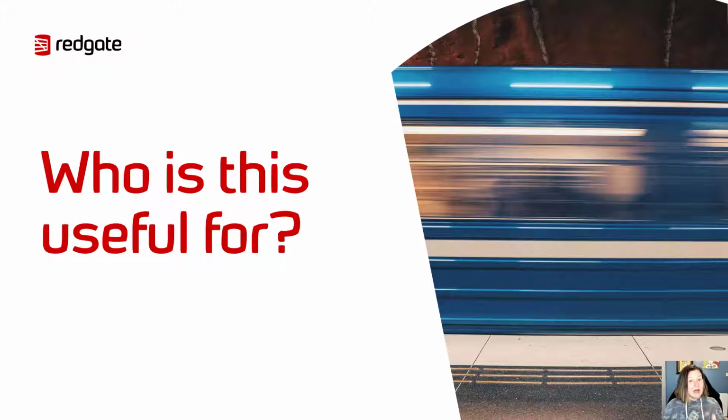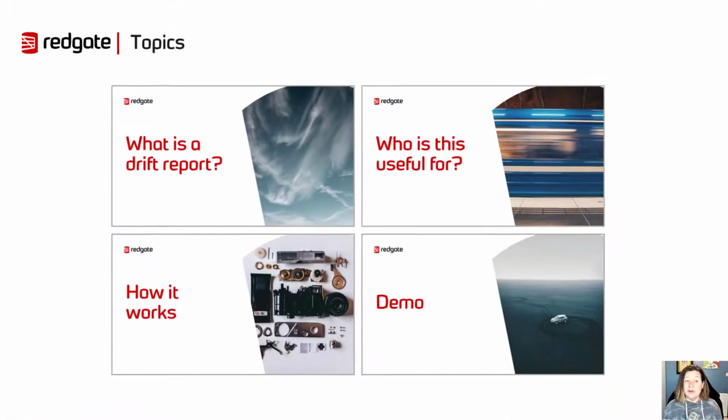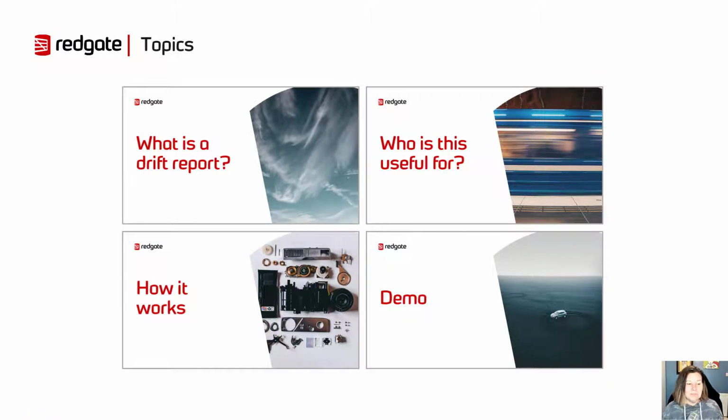Although there's less opportunities for the drift to happen, in a long-lived QA environment, it's still a possibility as well. So having a drift report is, I think, a generally useful thing to anyone who wants to have quality database changes and be able to move pretty quickly in that cycle.